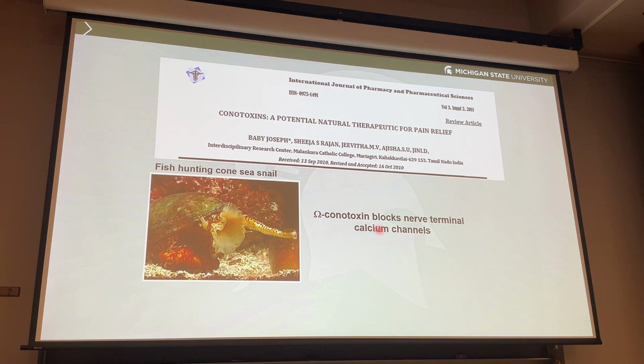Conotoxin is used as a calcium channel blocker, isolated from a sea snail, and this is pretty amazing if you've ever seen one of these nail its prey with this. This is really dangerous stuff, but whatever. Conotoxin blocks calcium channels, so it will also block nerve transmission.